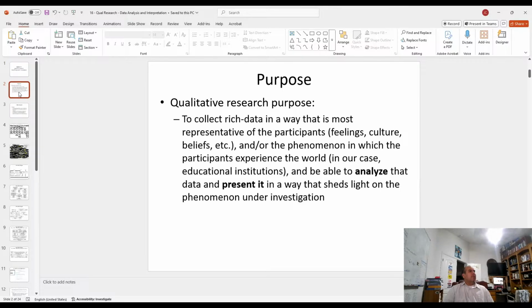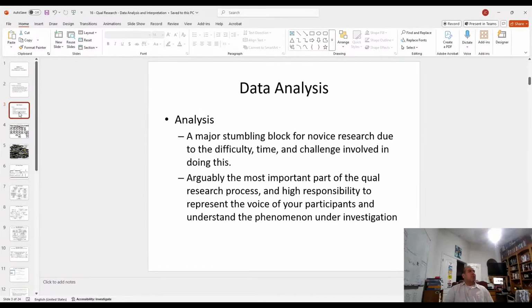So the purpose of qualitative research is to collect data in a way that represents participants' feelings, culture, etc., or the phenomenon in which participants experience the world, and to be able to analyze and present it in a way that sheds light on whatever phenomenon is under investigation.